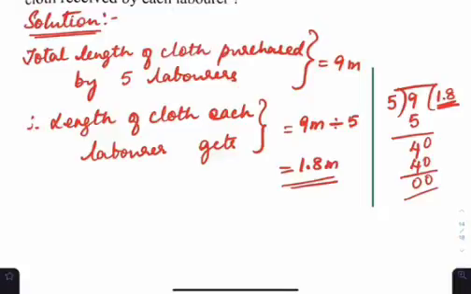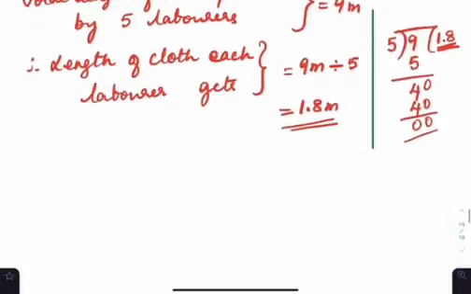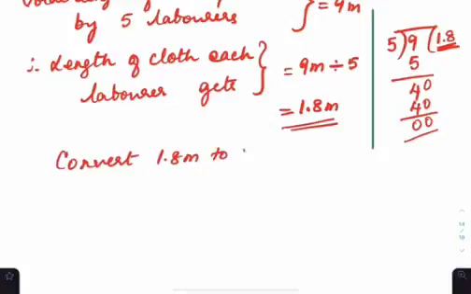Now this also needs to be converted to centimeters. So how do we convert to centimeters? Now convert 1.8 meters to centimeters. How do we do it? What is the standard? 1 meter is equal to 100 centimeters.